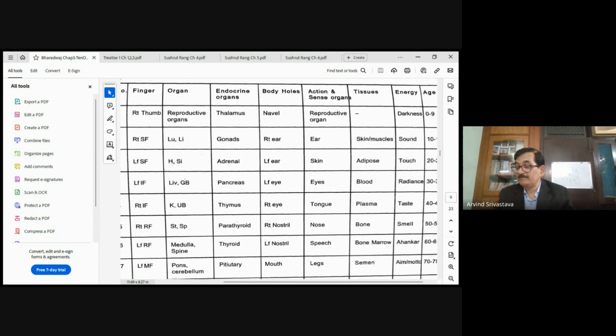Which organ in our body is responsible for water? Kidney. Yes, kidney is there. So kidney is kept here, the right one. So it is ras.